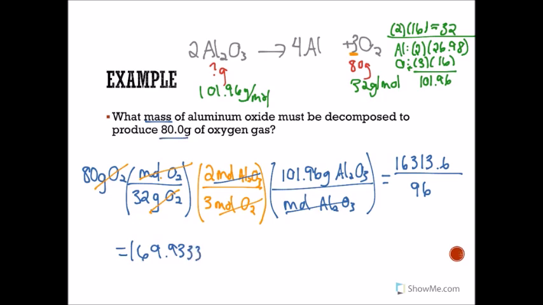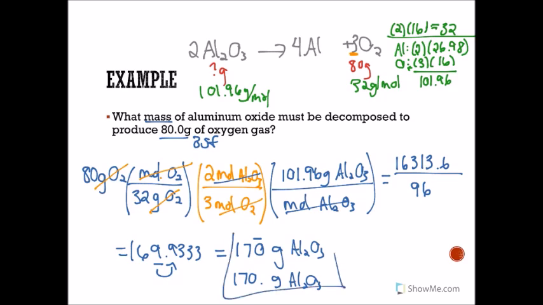We need 3 significant figures, so we have 1, 2, 3, and we look at the number right after, which is a 9. That needs to round up to 170. Now 170 does not have 3 significant figures. We now have 2. We need to make sure we put a bar over that 170, or we can write 170 with a decimal, either way. Then we write our units, grams of aluminum oxide. Either one of those would be right, or you can write it in scientific notation. That's completely fine, but either one would be correct.